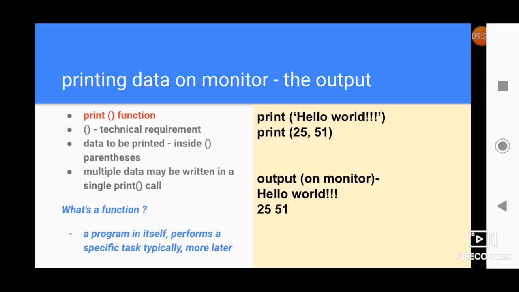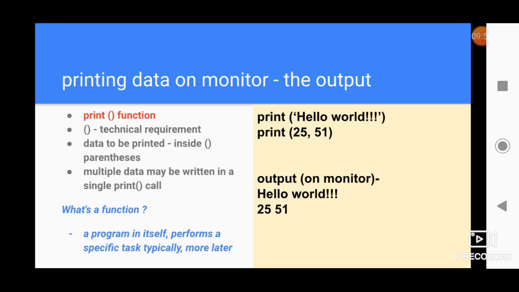So what is happening here is that a string is created with the words hello and world followed by 3 exclamation marks, and this string is being given to the print function for printing. That means we are asking the print function to print this string hello world on the monitor.